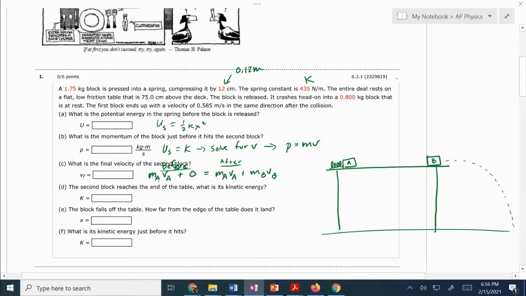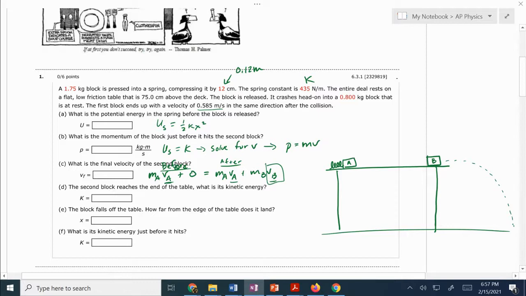Before the collision only A is moving, and you calculated the v_A in part B. It gives you v_A after the collision, 0.585, and that allows you to calculate v_B, which is what you're trying to find.